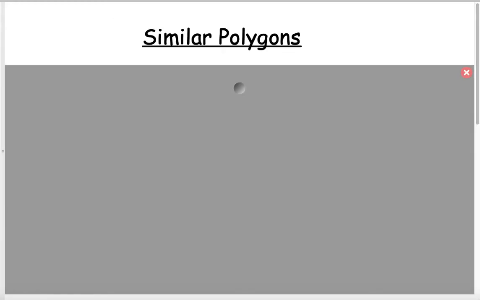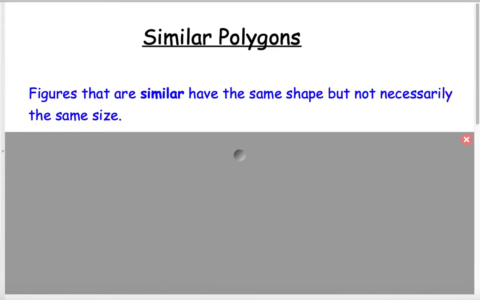So in general, we'll talk about similar polygons. Figures that are similar have the same shape, but not necessarily, and I want to highlight, not necessarily, but they could be the same size. So all the triangles we did in the last unit when they were congruent, they were similar, but an even stronger statement would be to say that they're congruent.